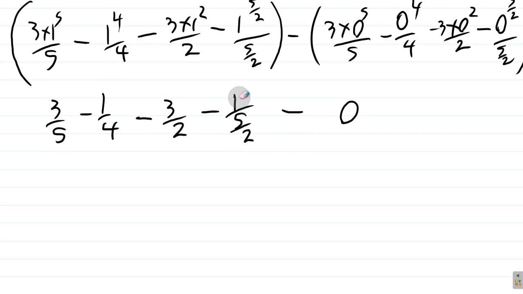And by the way, 1 divided by 5 over 2 is the same as 2 over 5. So that's 2/5 there. Okay? And you work it all out. I just use my fractions calculator to work it out off the screen.